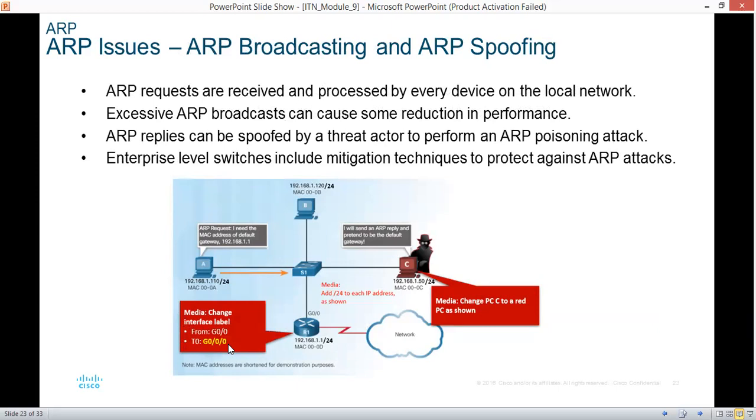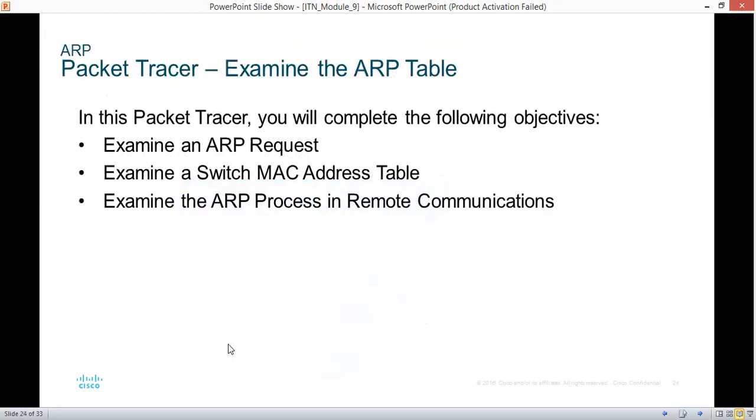Excessive ARP broadcasts can cause some reduction in performance because memory utilization will be high. ARP replies can be spoofed by a threat actor to perform an ARP poison attack. Enterprise-level switches include mitigation techniques to protect against ARP attacks. ARP is more or less like sending a request to resolve the destination, so it keeps track of all the systems on that network.